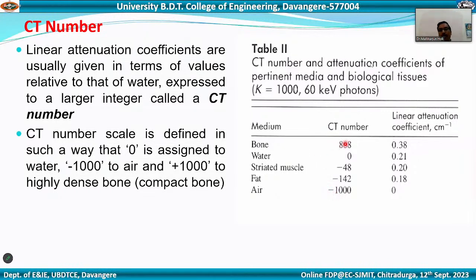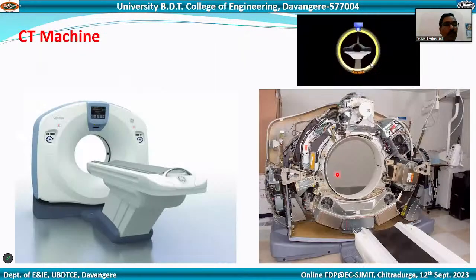The hardest of the hard, such as metals, are given as 1000, and bone can be given approximately 1000 or near to a thousand, around 808. So if you look here, when you compare this column and this column, there is a large difference between these numbers, whereas before there was a narrow difference. When you image body parts using the concept of CT number, you are able to get a very clear-cut contrast between bone, fat, and muscles. So that is how the CT number is popularly used.